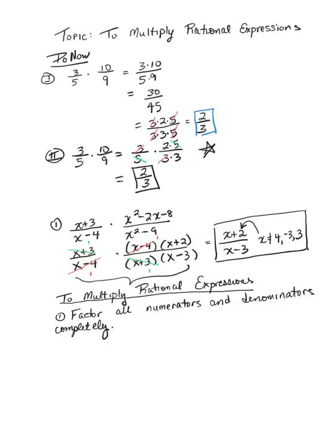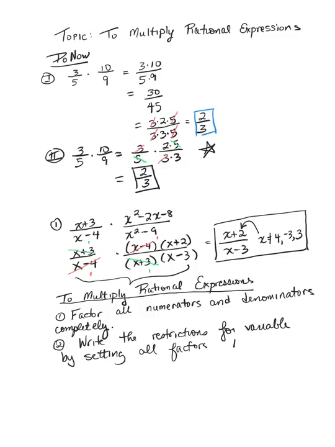Okay, now at this point, write the restrictions for the variable by setting all the factors in the denominators to 0. Okay, that should be done right away.